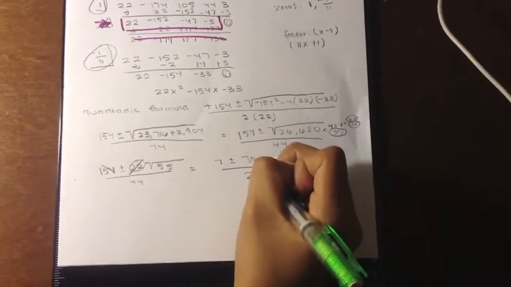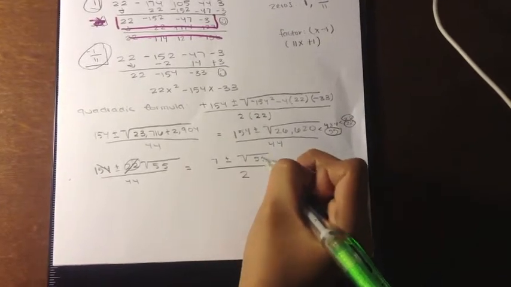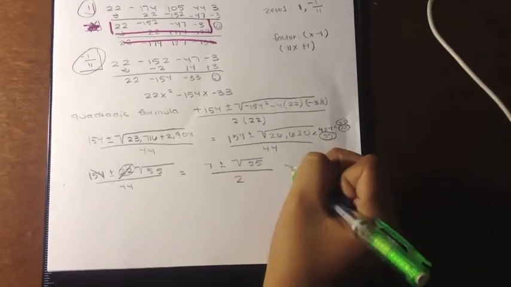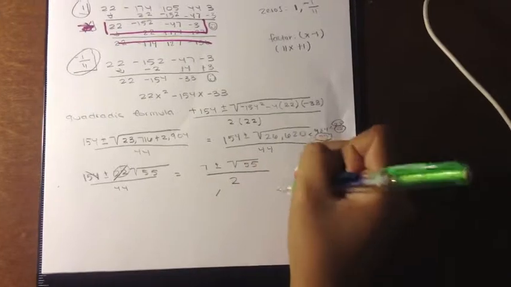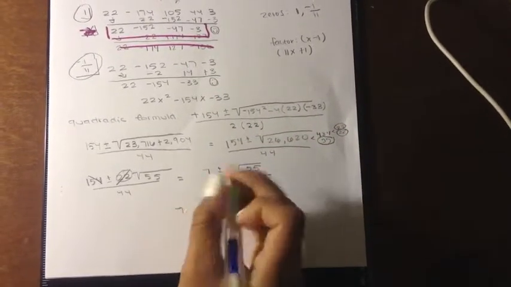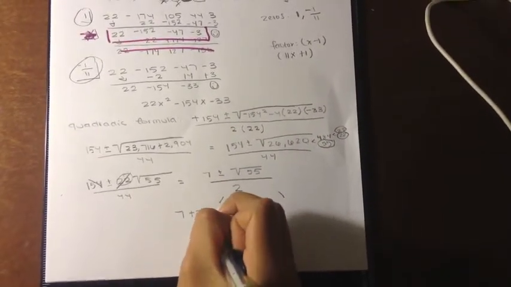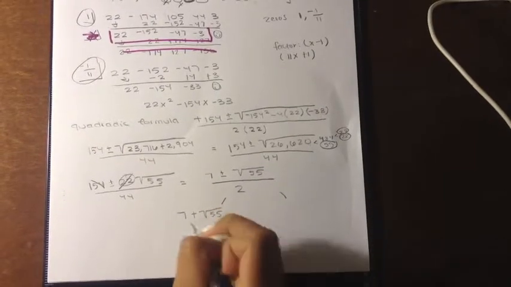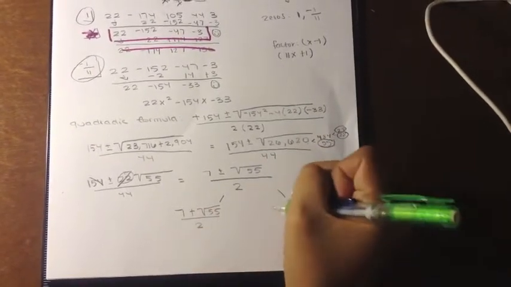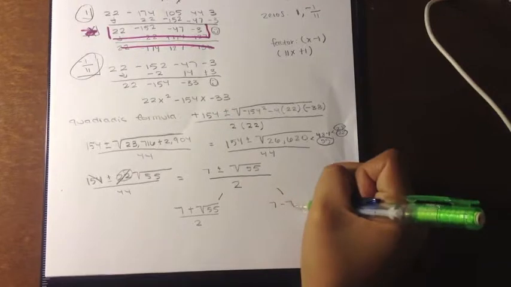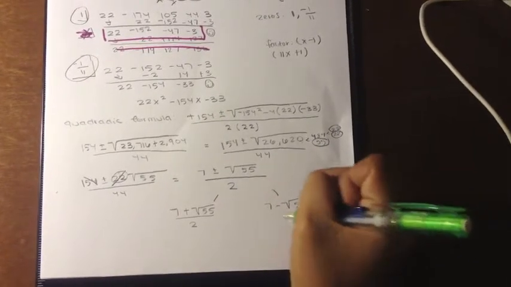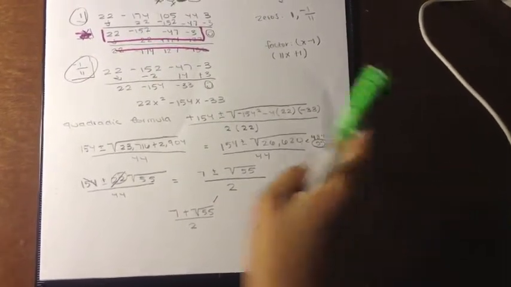And we're left with radical 55. So this would turn out to be 7 plus radical 55 over 2 and 7 minus radical 55 over 2.